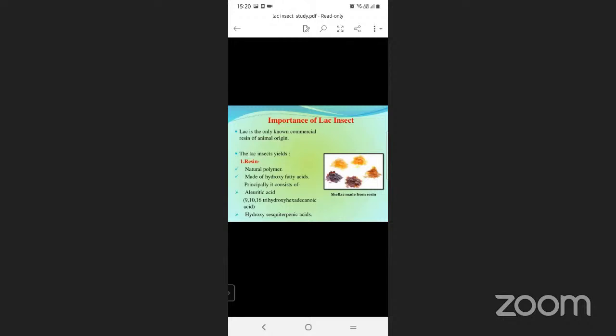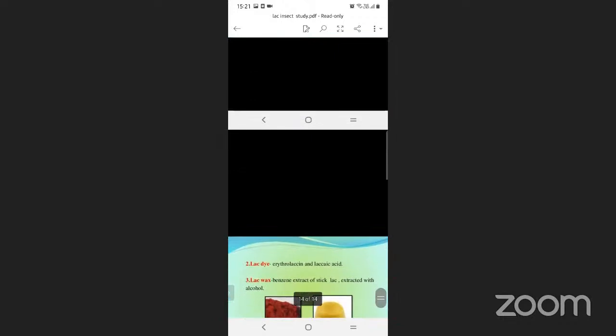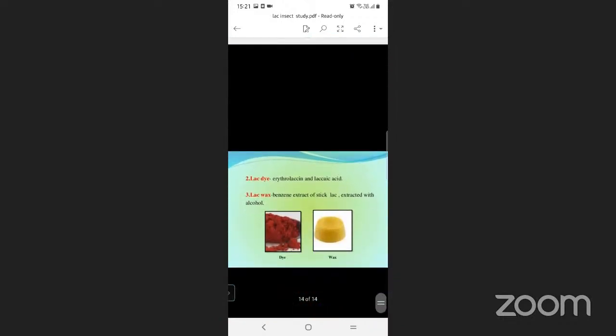Principally, it consists of aleuritic acid and trihydroxyhexadecanoic acid, hydroxy terpenic acids, erythrolaccin, laccic acid, and lac wax, which is the benzene extract of the resin extracted with alcohol.